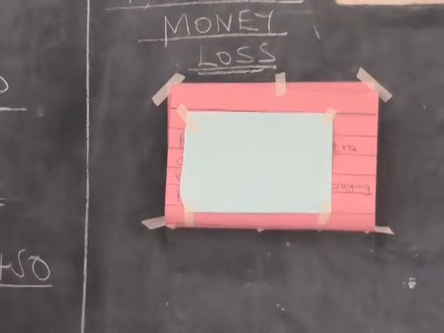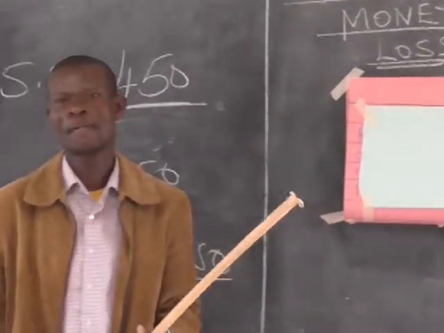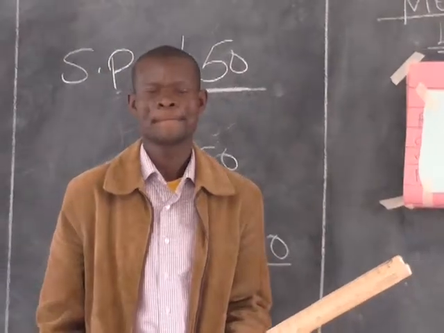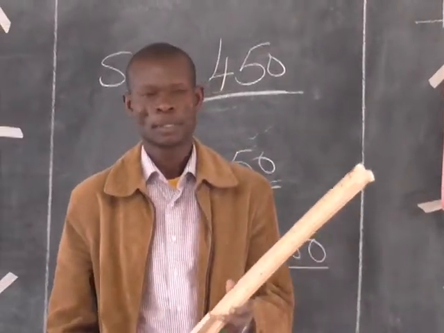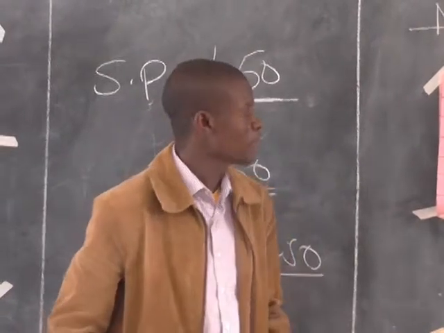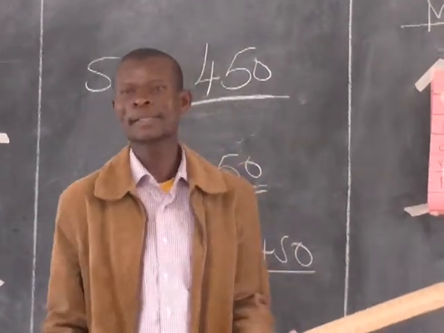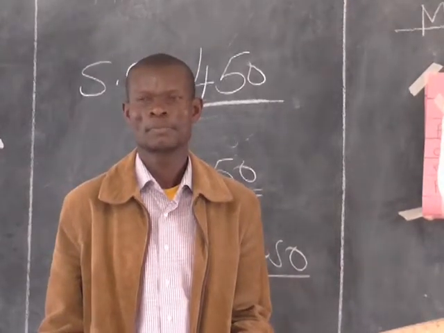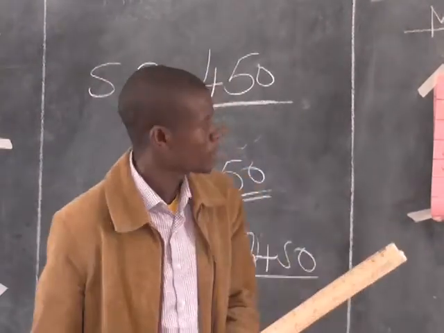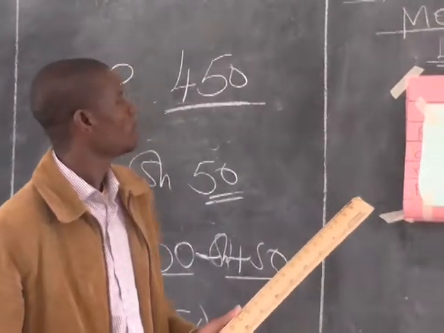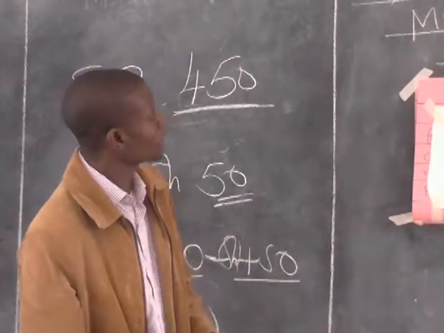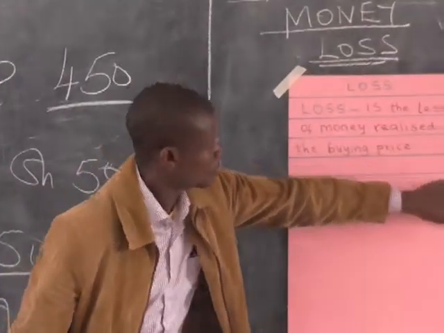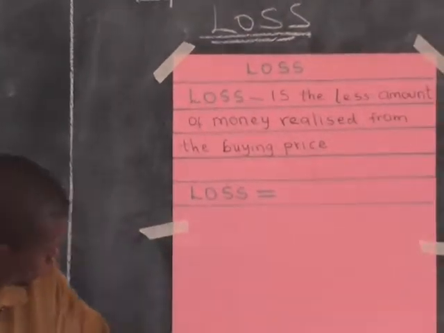Now class, what is loss? That's a good trial. Somebody else? Yes, that girl is right. Okay, now class, let's see how the teacher explained the word loss on his chart.